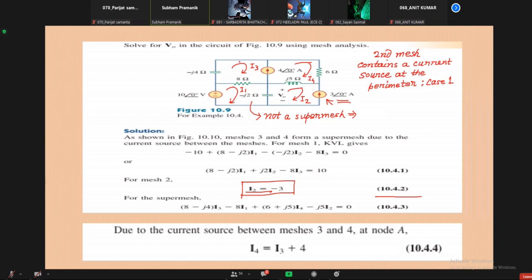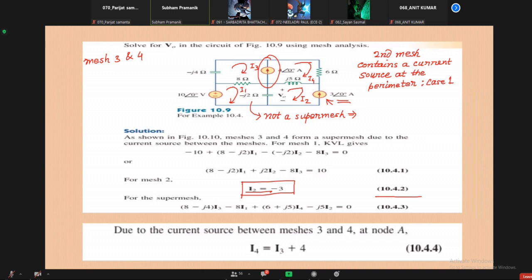Let's see mesh 3 and mesh 4. Mesh 3 is denoted by current I3. Mesh 4 is denoted by current I4. In between these two, we have a branch that contains a current source. I hope you can see that. There is a branch that is shared by two adjacent meshes. So that is now satisfying the condition of case 2.